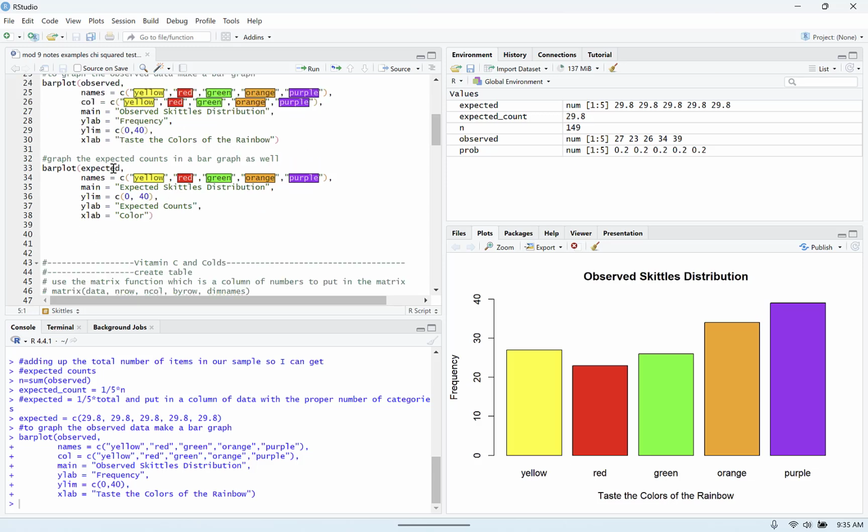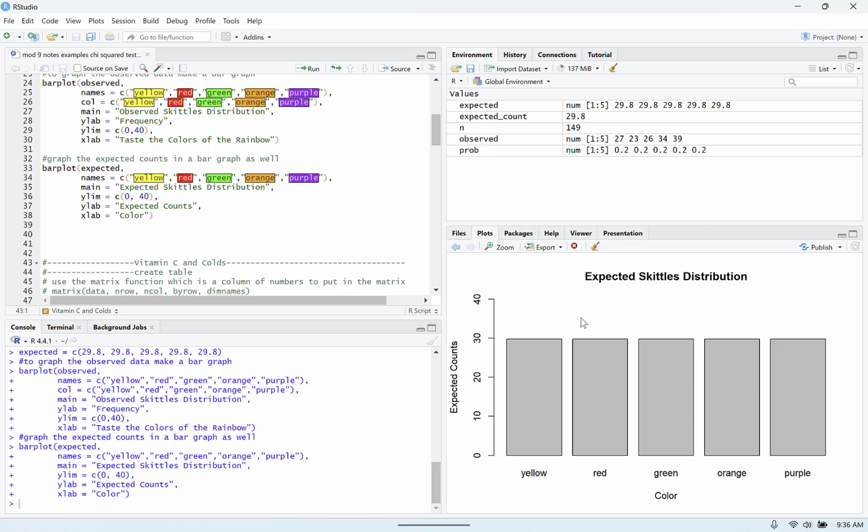I prefer to do expected counts most of the time so that I can actually compare apples to apples. Also notice I got rid of the color line. Otherwise, I just copied all of this code from above so that I would get the same graph. So I'm going to hit run. And you'll notice I get the graph, except it's gray. And this uses the expected counts of 29.8 for each of the 5 colors.